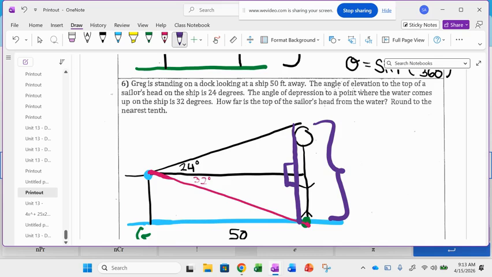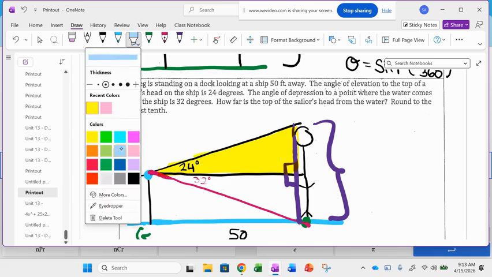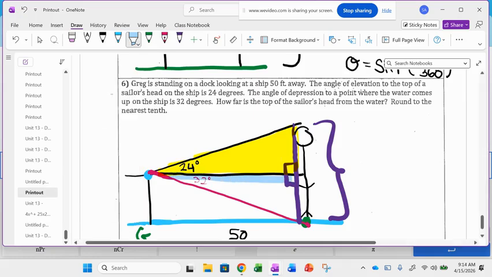Isn't it two, right? I'm going to highlight one of the right triangles in yellow, and I'll have another right triangle in blue. So I have the yellow right triangle and the blue right triangle.